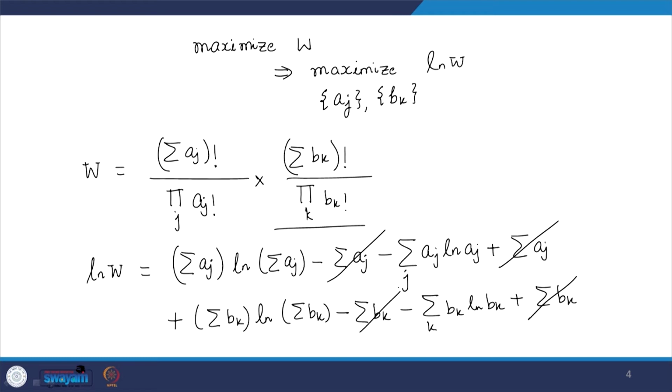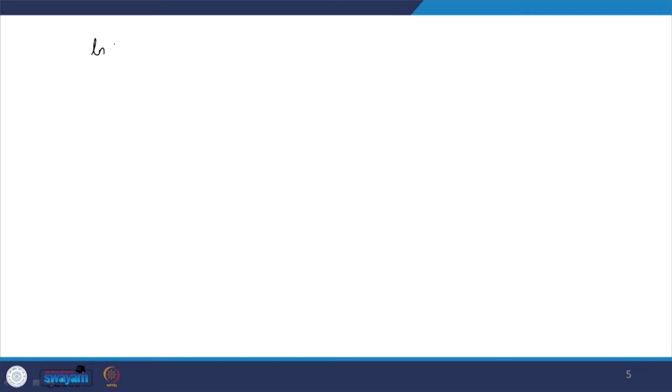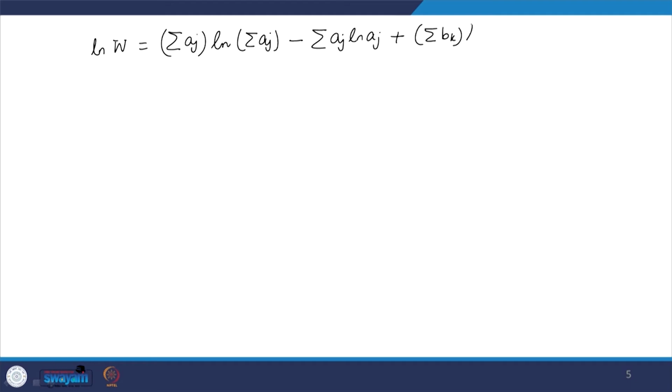Again we will have the cancellation, and therefore, we can write ln W as summation over A j ln of summation over A j minus summation over j A j ln A j plus summation over B k ln summation over B k minus summation over B k ln B k, and then we have certain constraints here that we have written.